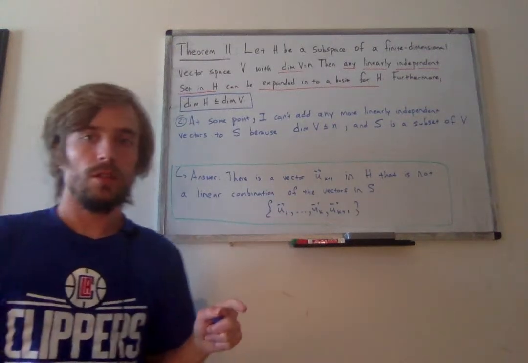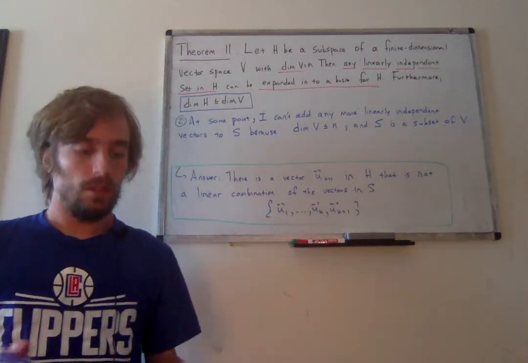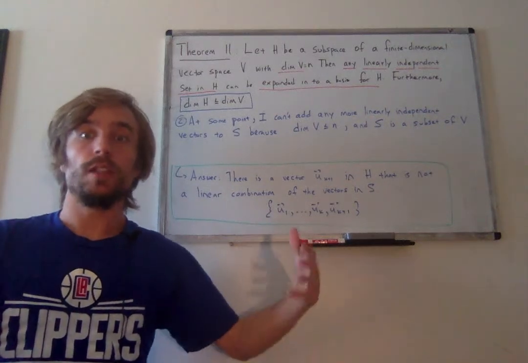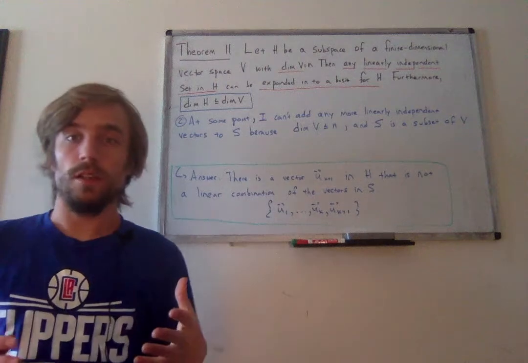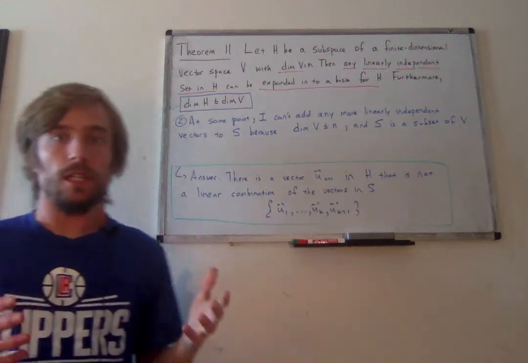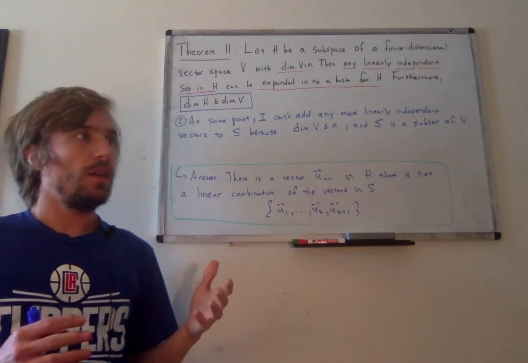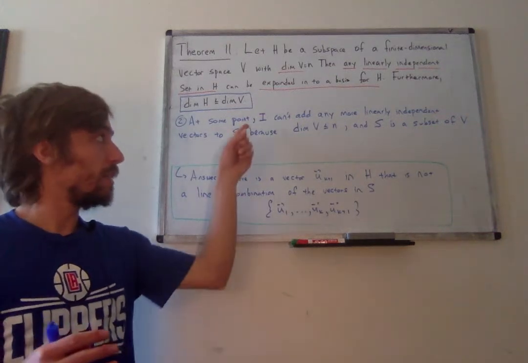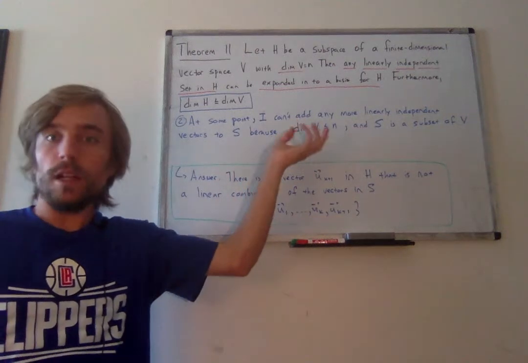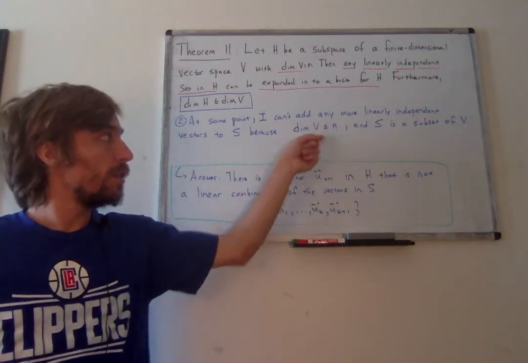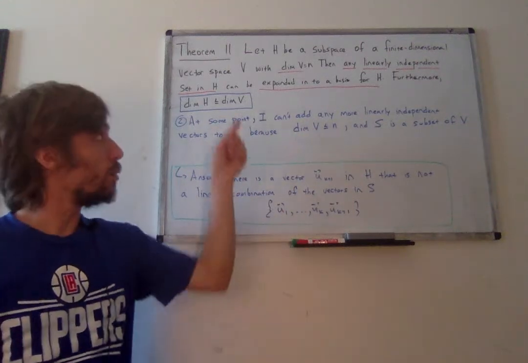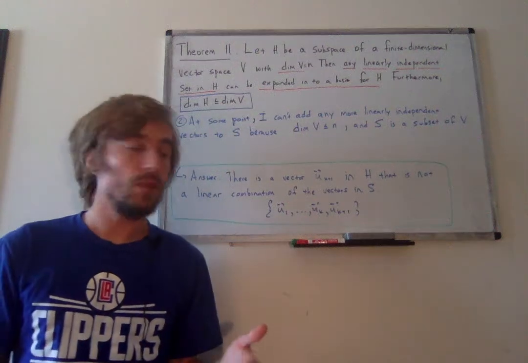Well, remember, because V has dimension n, that n also restricts the size of the largest possible independent set in V. So I know that this set S is in V, and it's also in H, but remember H is contained in V. At some point, I'm not going to be able to find more vectors, because if I found more than n linearly independent vectors, this would contradict the assumption that the dimension of V was equal to n.